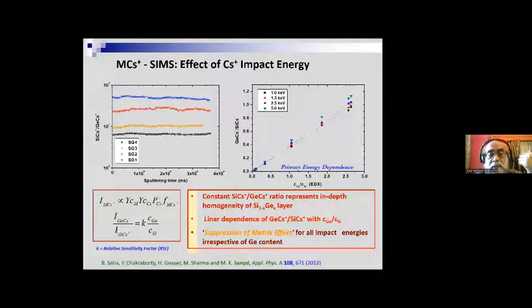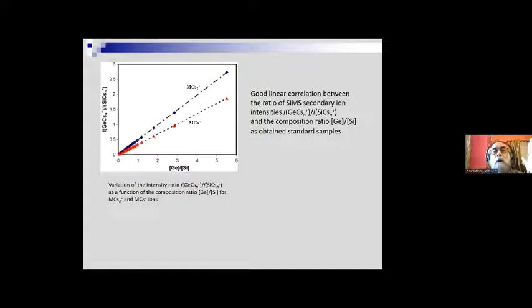If we measure this kind of molecule, simply the ratios of the intensities are proportional to the concentrations of germanium and silicon in a matrix of silicon germanium alloy, for example. And once again, if we measure the MCS2 molecule, where there are two cesium atoms with an M sputter, this is the MCS2 molecule, an even higher molecule, then we can get a one-to-one correspondence with the fractional concentrations.